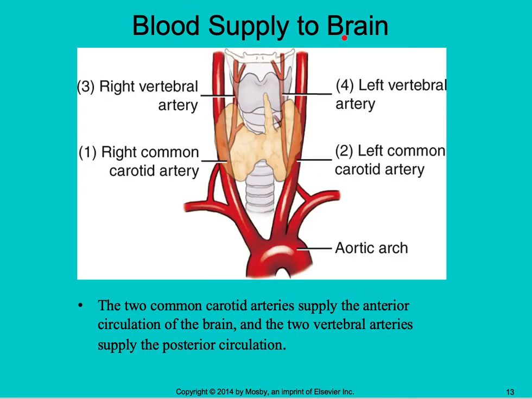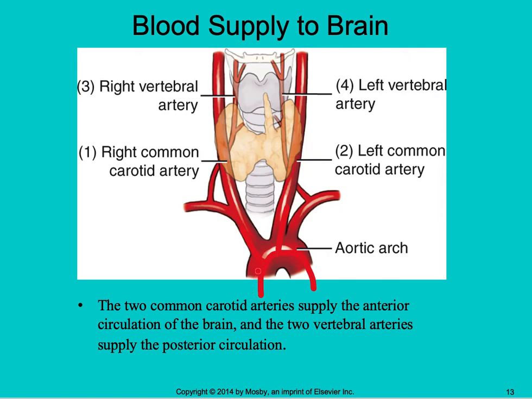So the blood supply to the brain. Now we're on this ascending aorta, this is the aortic arch to the descending, and we get these bifurcations, okay? So we get the right common carotid, the left common carotid. So 2 common carotid arteries supply the anterior circulation of the brain, and 2 vertebral arteries supply the posterior circulation.